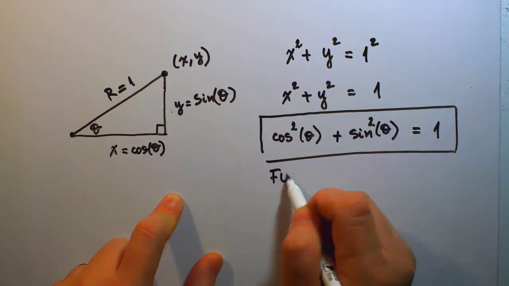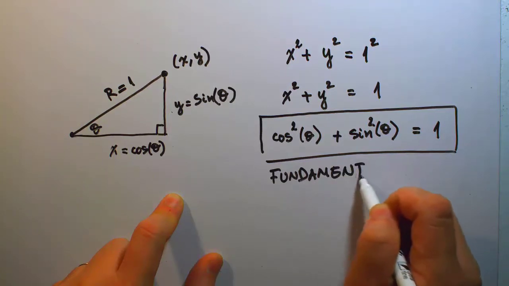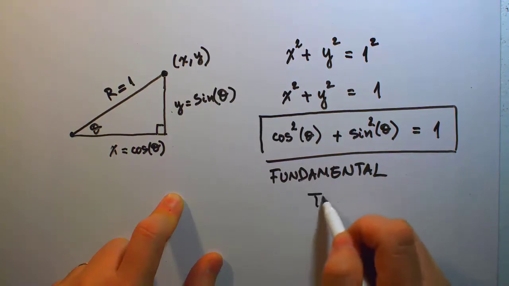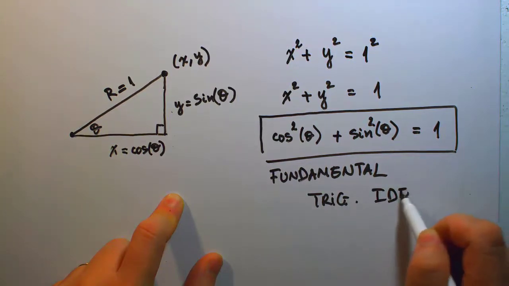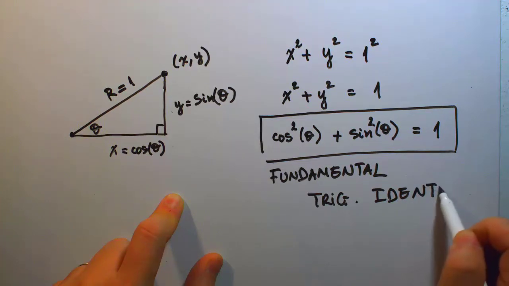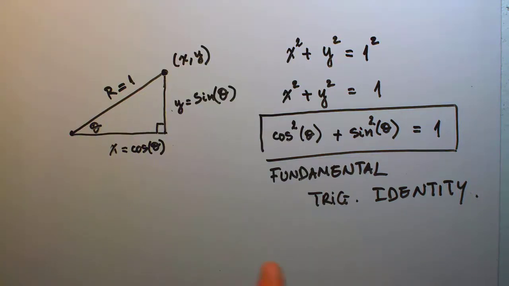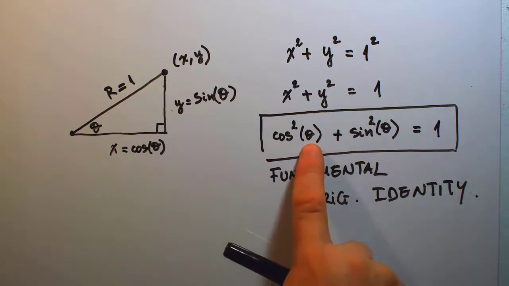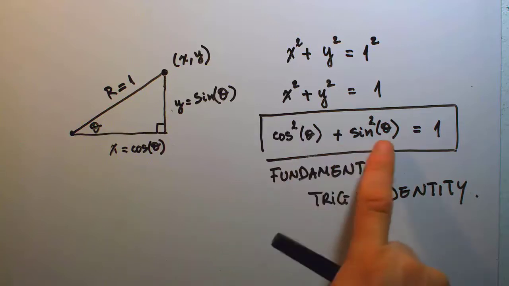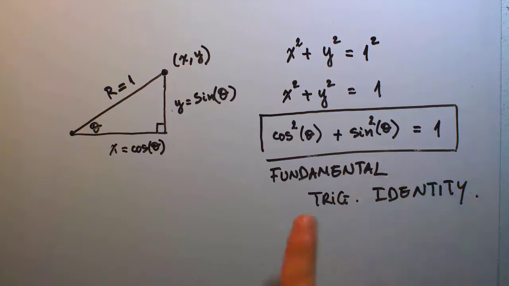I would usually call this the fundamental trig identity. An identity is an equation, an equality that's regardless of which variable it's taking, this equality always holds true, and that's what an identity is.